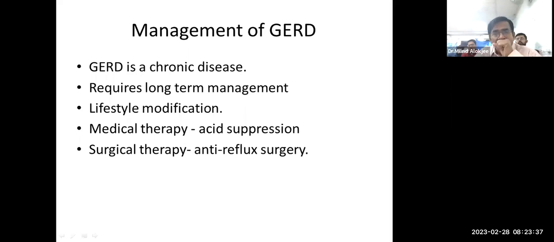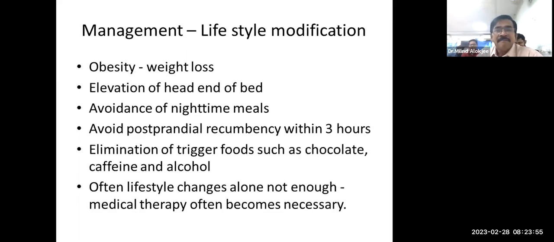This requires long-term management. The components of management of GERD include lifestyle modification, medical therapy with acid suppression, surgical therapy with anti-reflux surgery, and another important part is endoscopic therapy. So what are the lifestyle modifications?